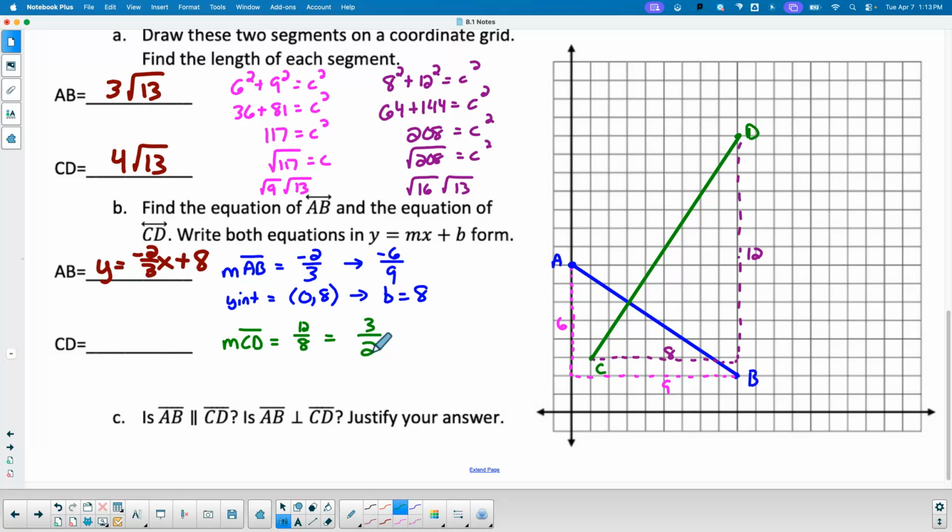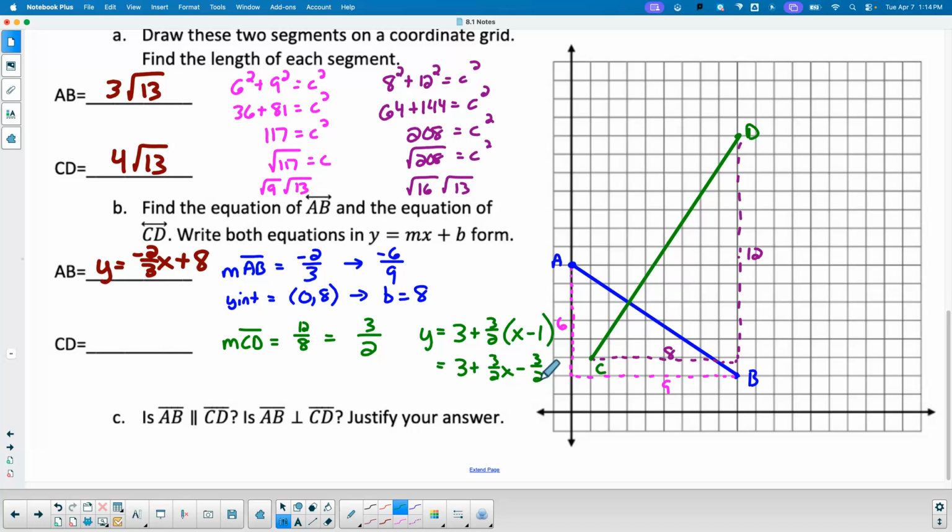Let's go with the point-slope form. y minus the y sub 1, the y value for C, was 3. The x value was 1, so it looks like that. And now we've got to simplify that. So that's going to be y equals 3 plus 3 halves x minus 3 halves.